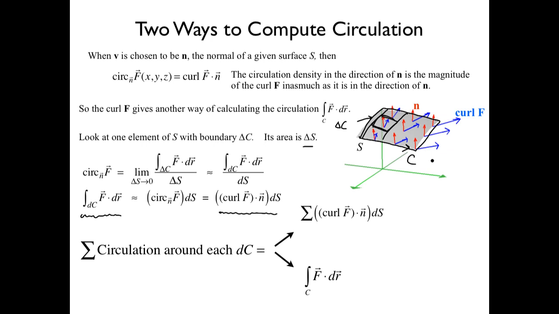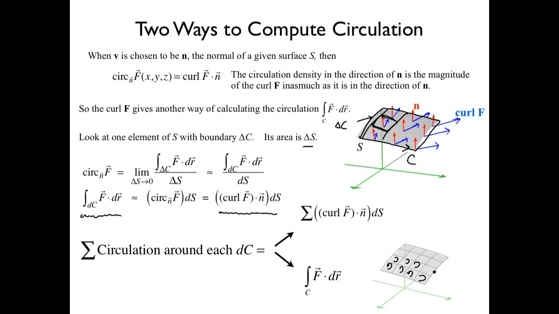Remember that principle? So if we add up all the circulation for every element, what happens to all the interior?